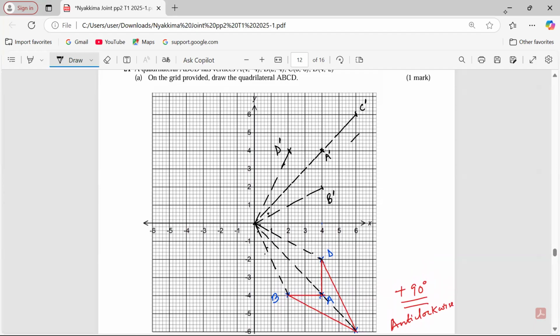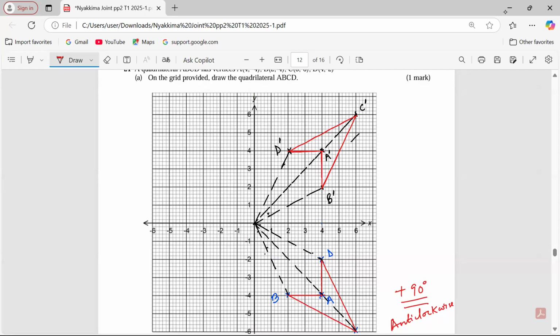Then we are supposed now to connect from A prime to B prime, then from B prime to C prime, then from C prime to D prime, then back to A.